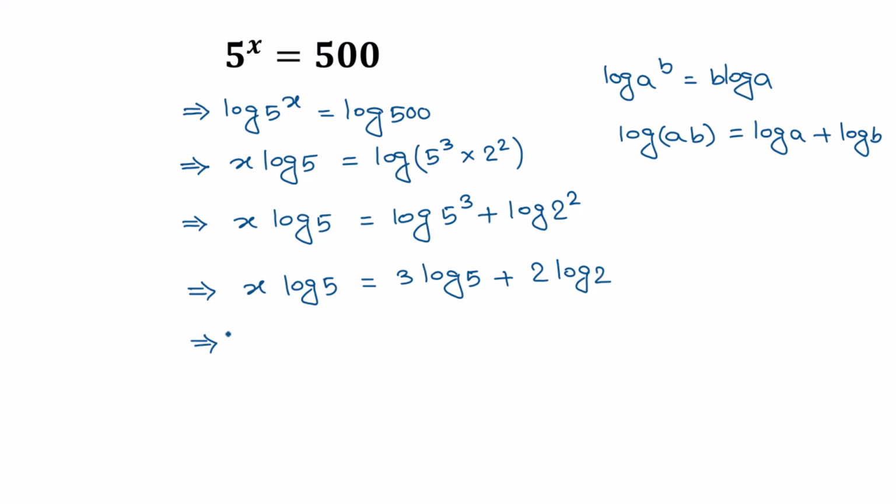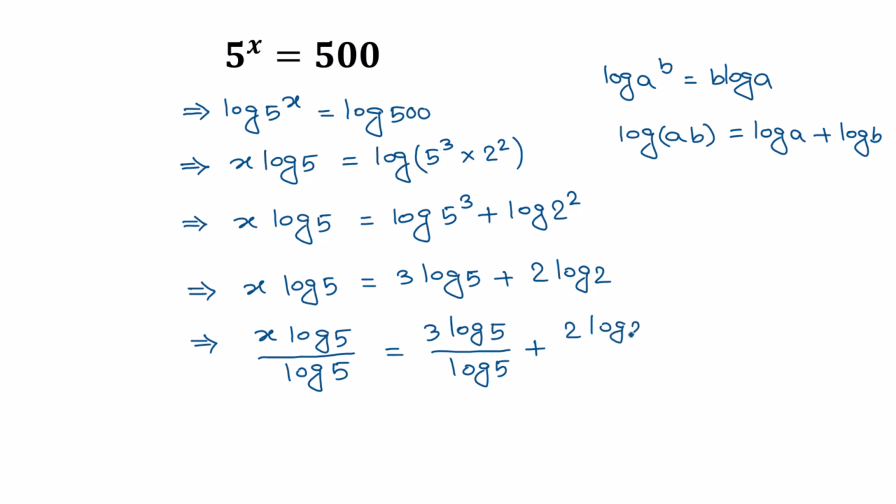Now dividing by log of 5 on both sides, we can write x times log of 5 divided by log of 5 is equal to 3 times log of 5 divided by log of 5 plus 2 times log of 2 divided by log of 5.